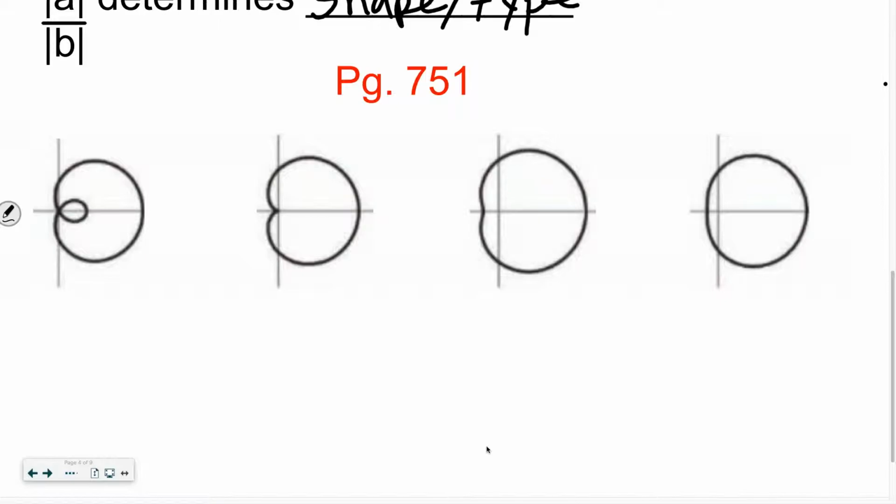To help you out with this one, note that this turning point right here is going to be called a loop. This loop will intersect at the pole, so that's where it will cross over itself. And this one is actually touching the pole right there, so there is a point at the pole on those two.